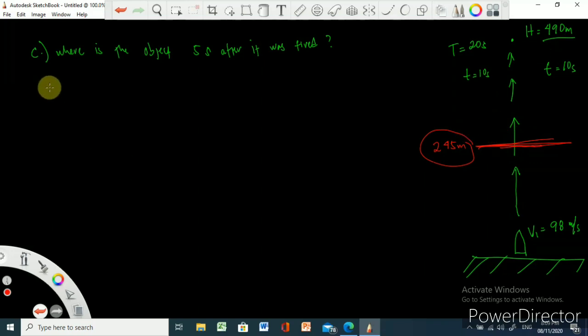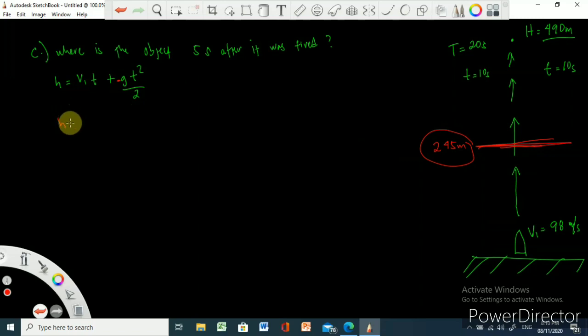Let's see. Our equation for small h, or height after a certain time t, is equal to V1 times time plus gt squared over 2. I said earlier that gravity is negative because the object is slowing down and gravity acts toward the ground.